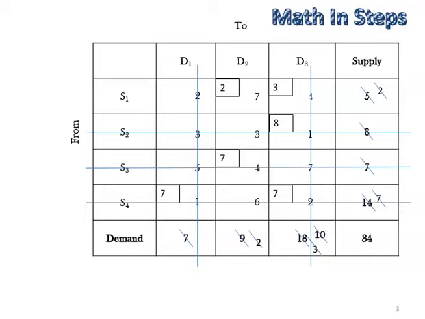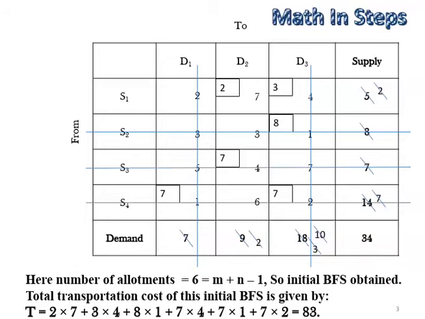So you can see the number of allotments here is 6, which is equal to m plus n minus 1, where m is the number of rows, that is 4 here, n is the number of columns, that is 3 here, minus 1. So we have obtained the initial basic feasible solution by least cost method.